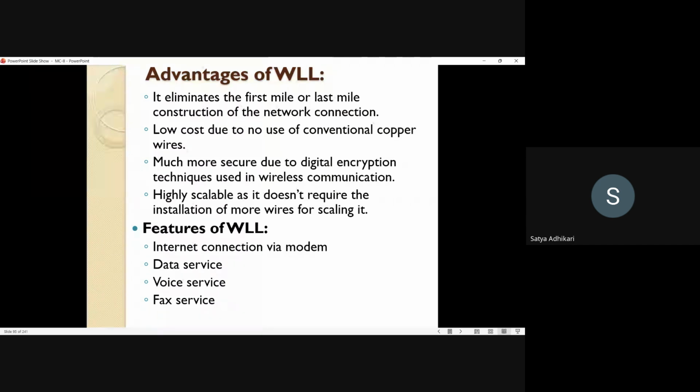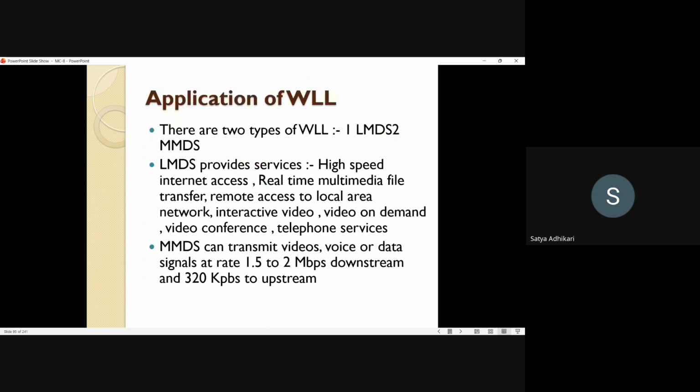The features of WLL are internet connection via modem, data services, voice services, and fax services. So these are also features of WLL. There are two types of WLL.